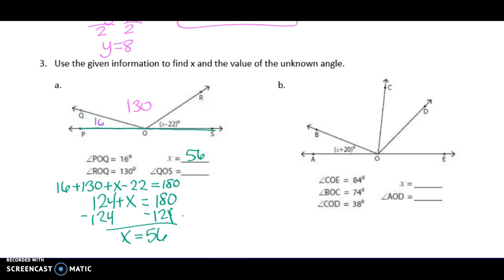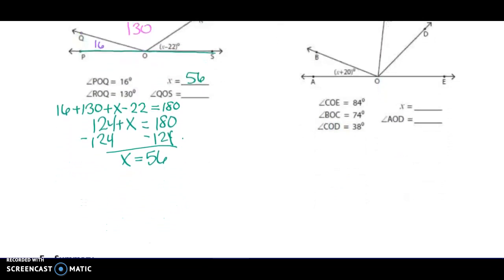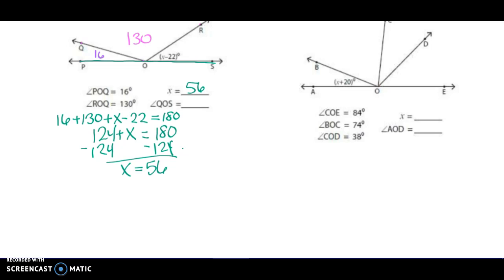The last step is angle QOS. So if I look at the picture, QOS is here. I need to find what these are. So the measure of angle QOS is the 130 plus the x minus 22. But I know that the x is 56.